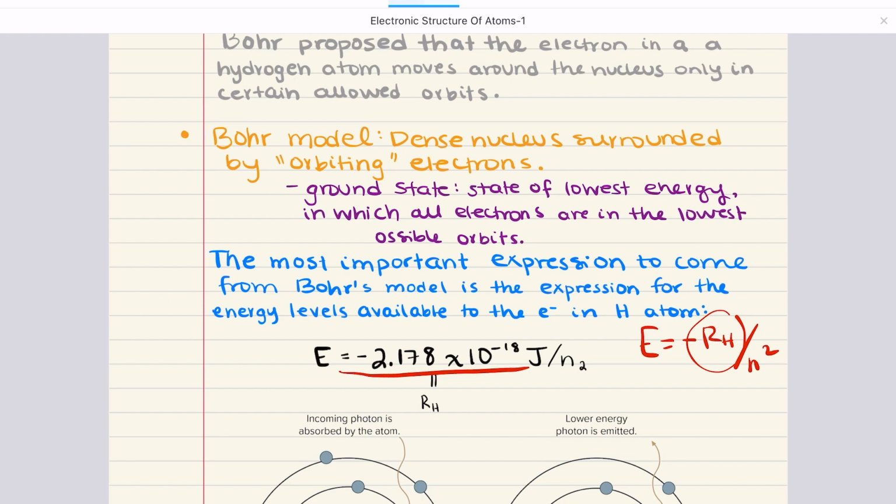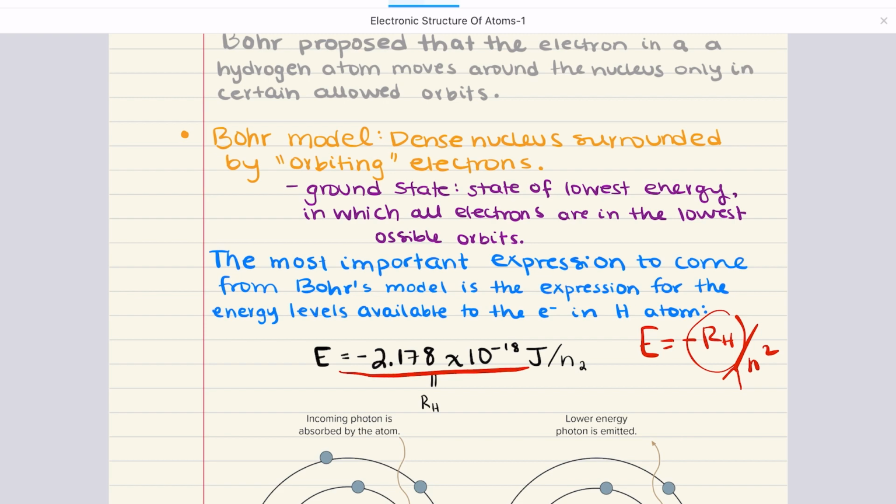Now, the negative sign indicates that these energy levels are bound states, with the zero of energy defined as the state where the electron and proton are infinitely separated. There is no interaction between them. Now, as the principal quantum number n increases, the electron moves to a higher energy level, which is less bound to the nucleus.